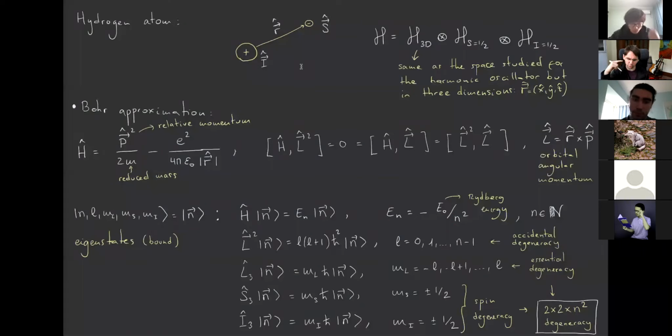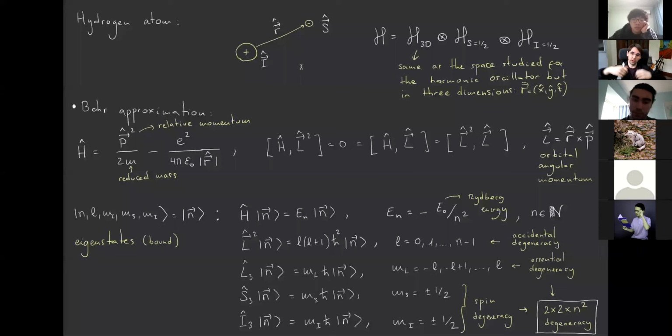I think I forgot to mention that the spectrum of this Hamiltonian also has a continuous part. Here we are talking only about bound states, which are negative energy states, and these form a discrete set. But you also have positive energies available, and this corresponds to scattering states between a proton and an electron that do not get bound into an atom, but can scatter and move away.